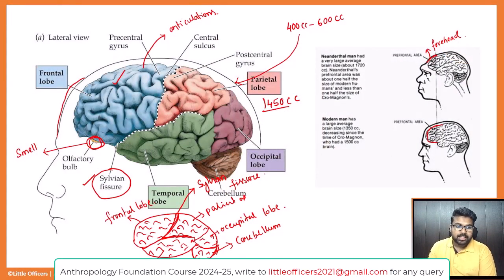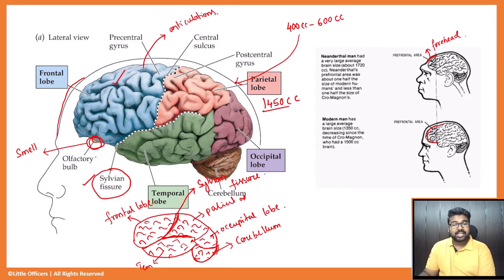In humans, it is very small, but in apes and extinct humans also, this used to be bigger because they had extra organs like the maxilla, pre-maxilla and all, and they were getting extra sensation of smell, and in order to process it they also needed a bigger olfactory bulb. They had this olfactory bulb with a bigger size, but in humans it got reduced.